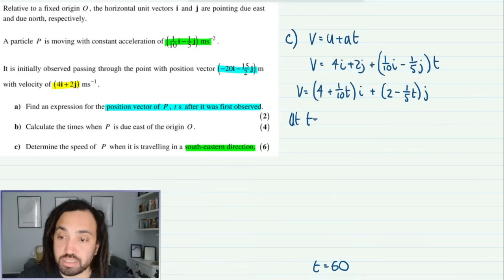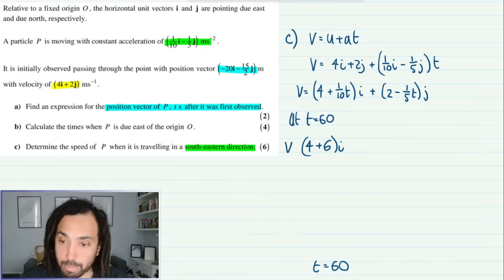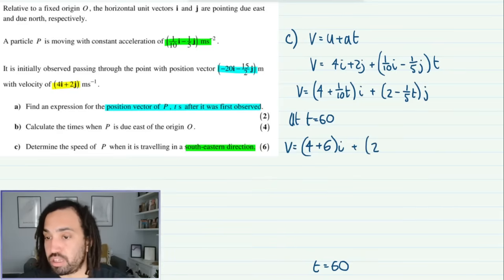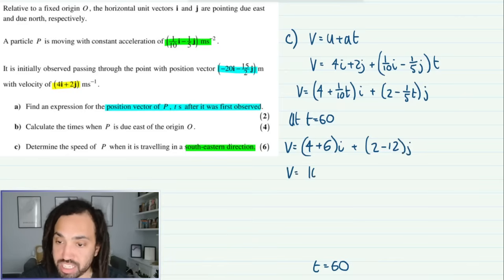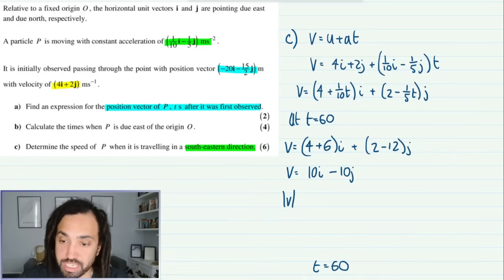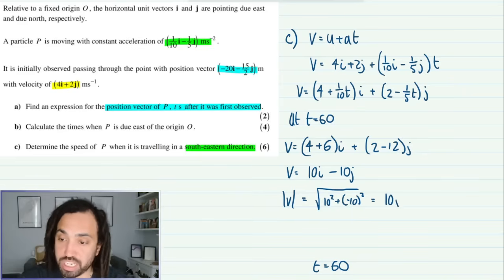At t is equal to 60, we will get 4 plus 6, that will be the i, and we will get 2 minus 12, that will be the j. So that will be 10i minus 10j. The speed is the magnitude of that, so it's 10 squared plus minus 10 squared, and that gives me a value of 10 root 2 meters per second to the minus 1.